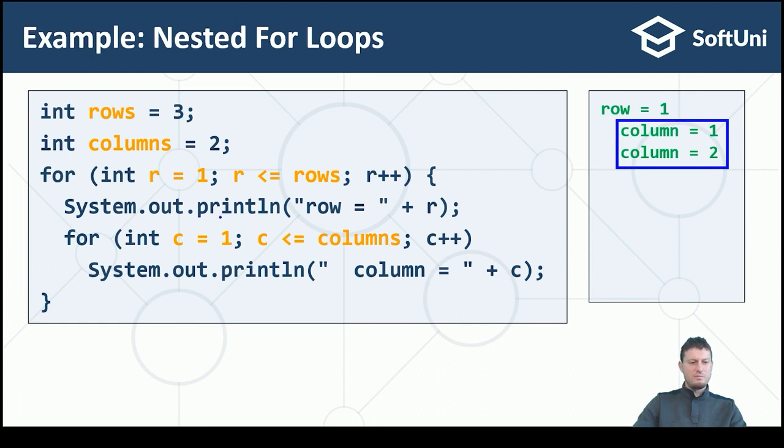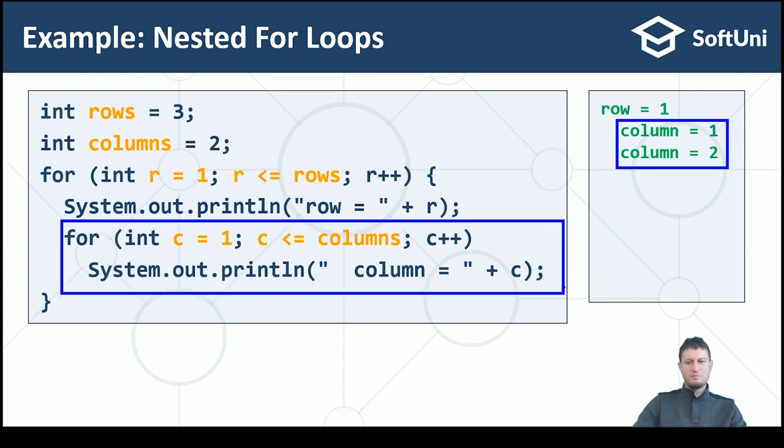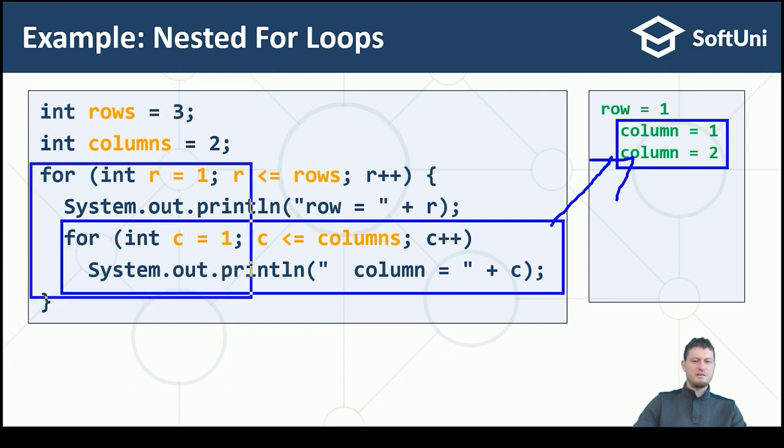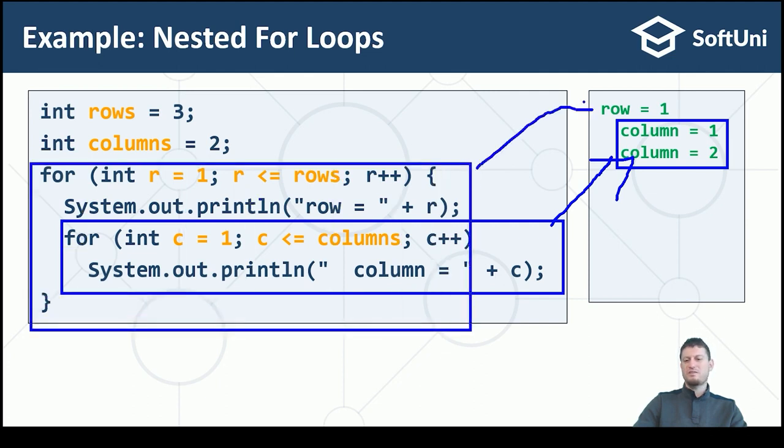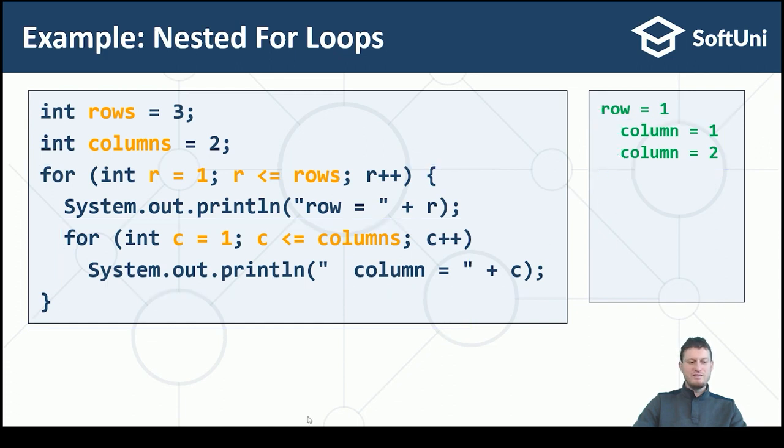The inner loop here will produce this. The outer loop here will produce this. At the next iteration, what will happen? R will be now 2, and the second row will be printed.